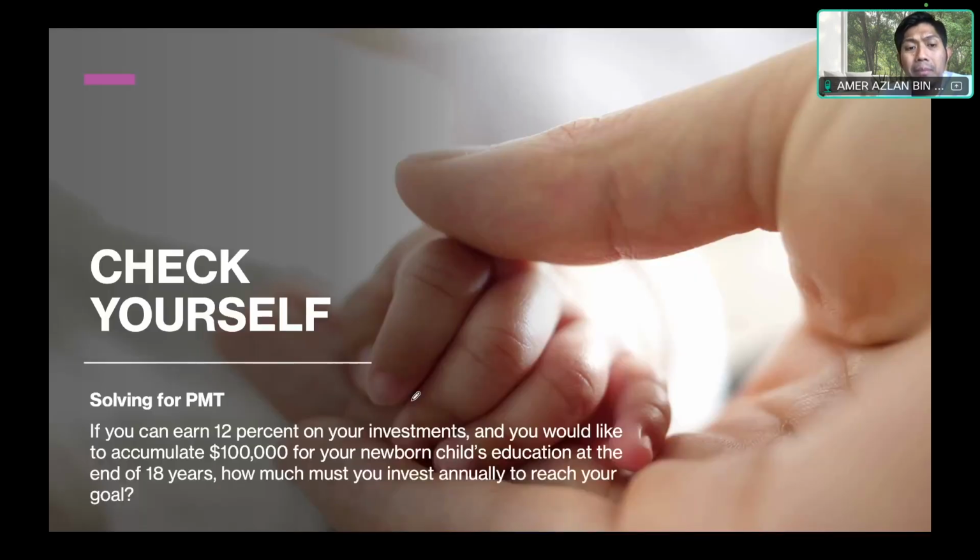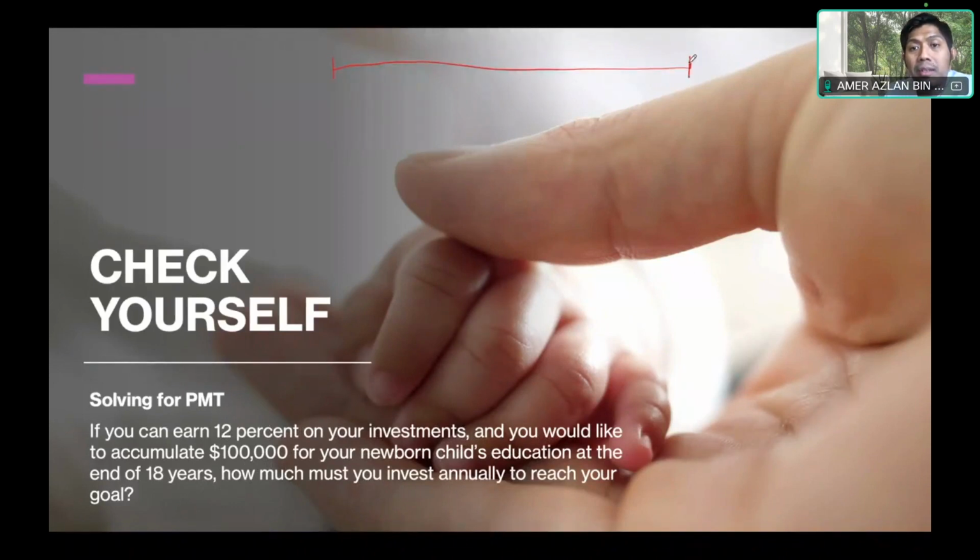For example, if you can earn 12% on your investments and you would like to accumulate 100,000 for your newborn child's education at the end of 18 years, how much must you invest annually to reach your goal?